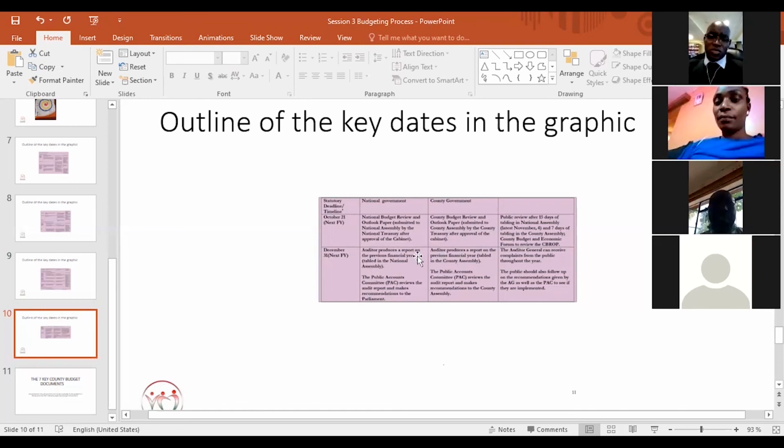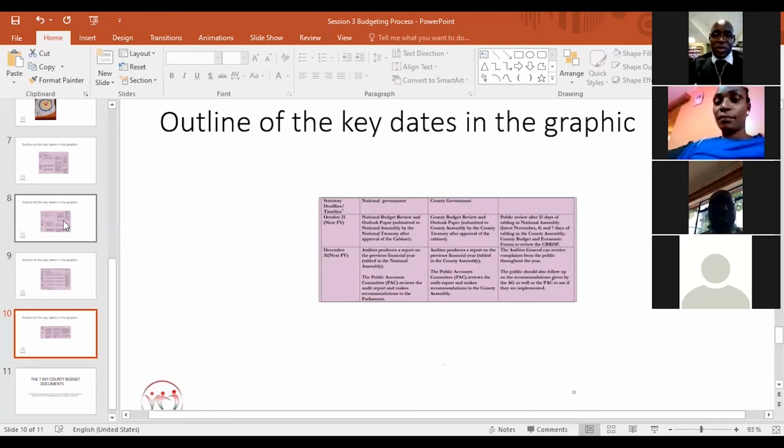They are going to break it down, and you will be able to see where the county has gone wrong, if they have not done things according to plan.